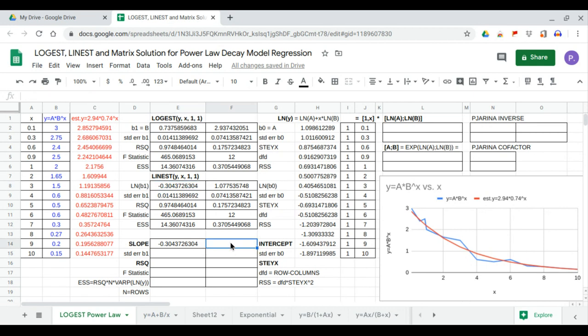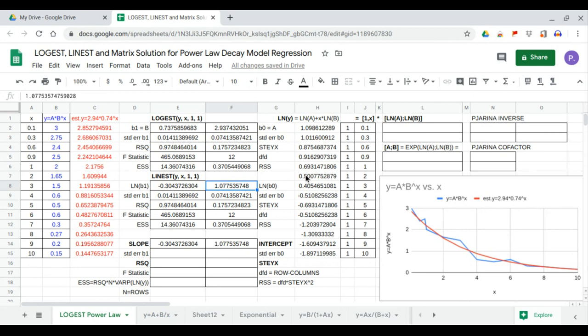And this is ln of a, which matches our LINEST output. So our b0 is ln a and b1 is ln b.